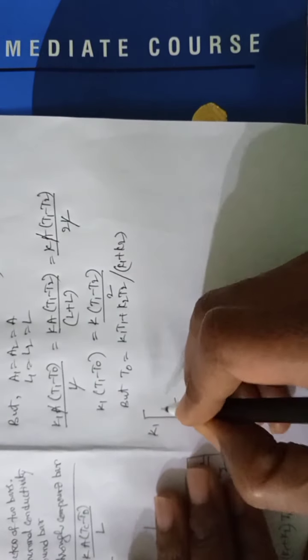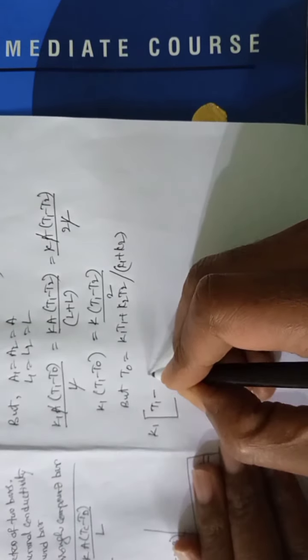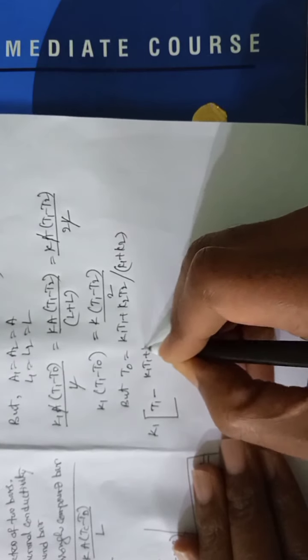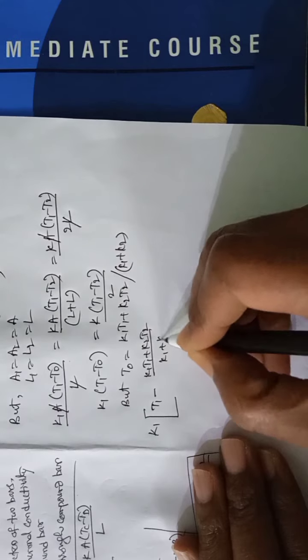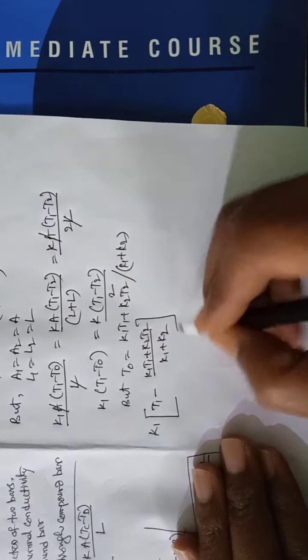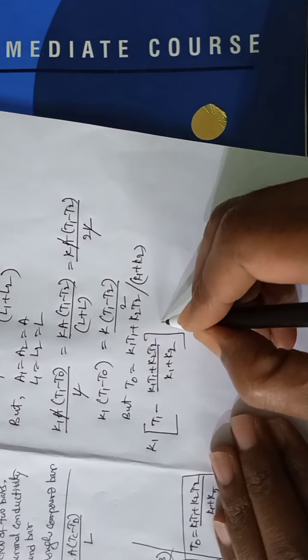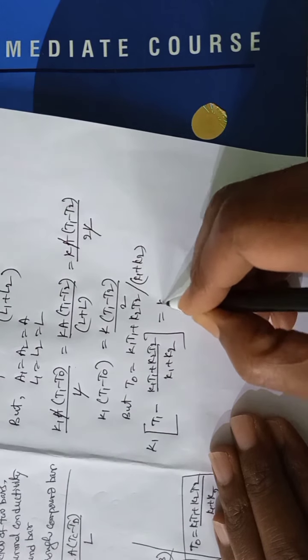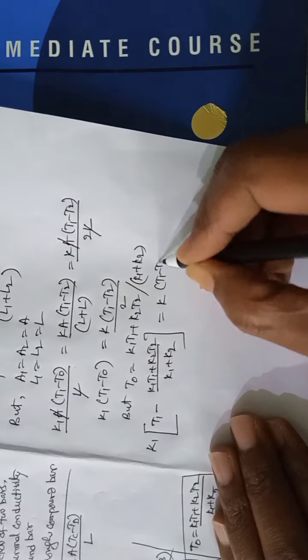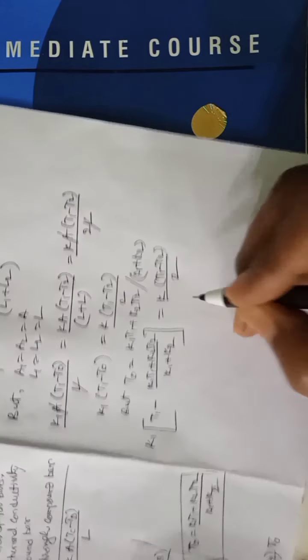K1 into (T1 minus (K1 T1 plus K2 T2) by (K1 plus K2)) is equal to K (T1 minus T2) by 2.